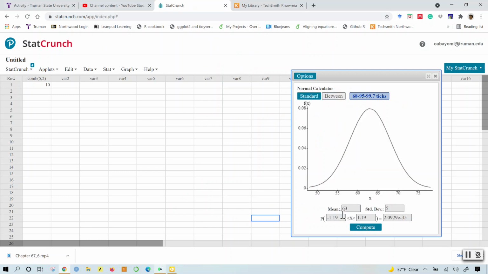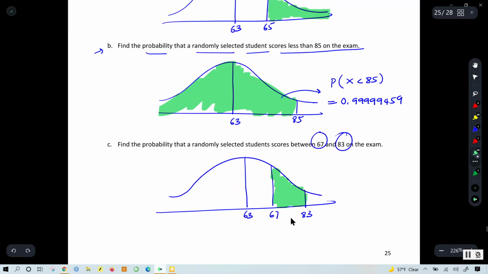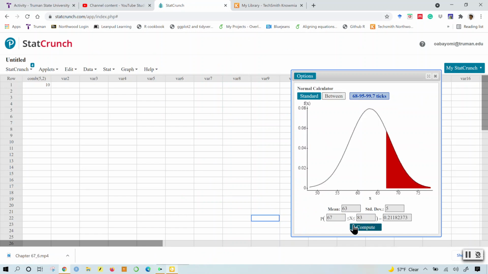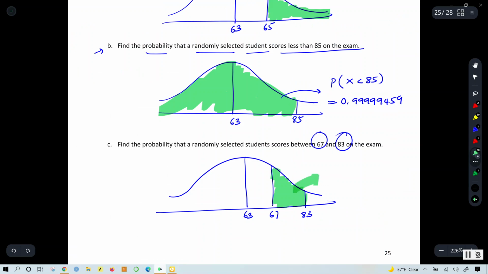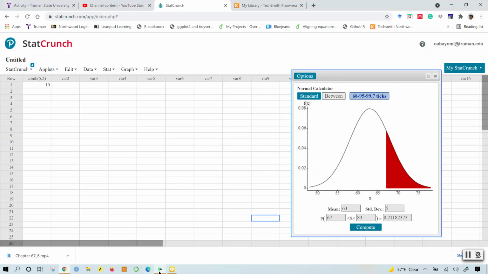I have the same parameters, but I want to set this to between 67 and 83. So go here, 83, and hit the compute button, 0.2118. So this is the probability between 67 and 83, and that is 0.2118. That is the answer in this case.